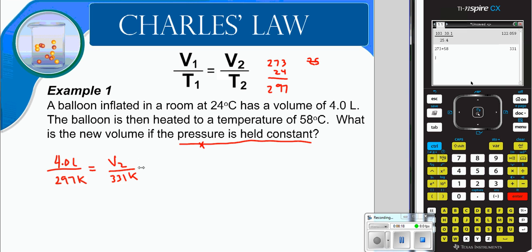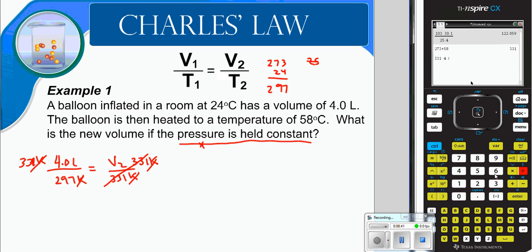And then to collapse this down into an equation that will help us solve for what we're looking for, we'll multiply each side by 331 Kelvin. Note Kelvins cancel, leaving you only with volumes. And our operation then is 331 times 4.